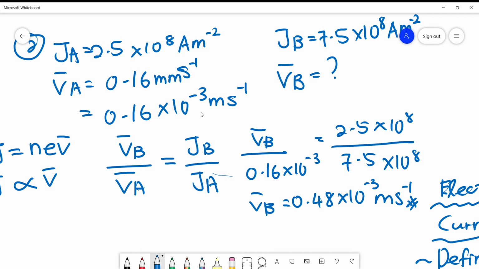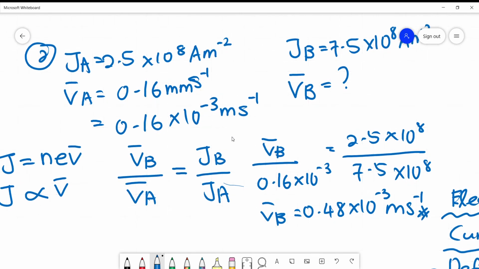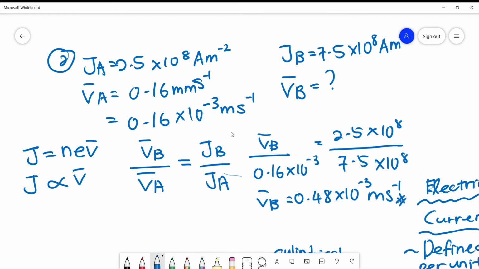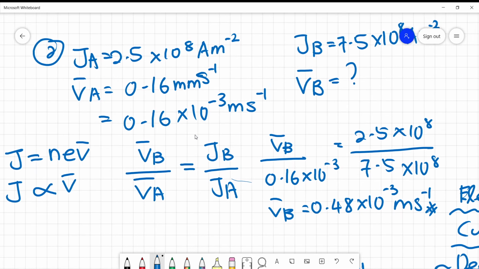So this is how we calculate the drift velocity for the wire B by using the relation between the current density and the drift velocity.